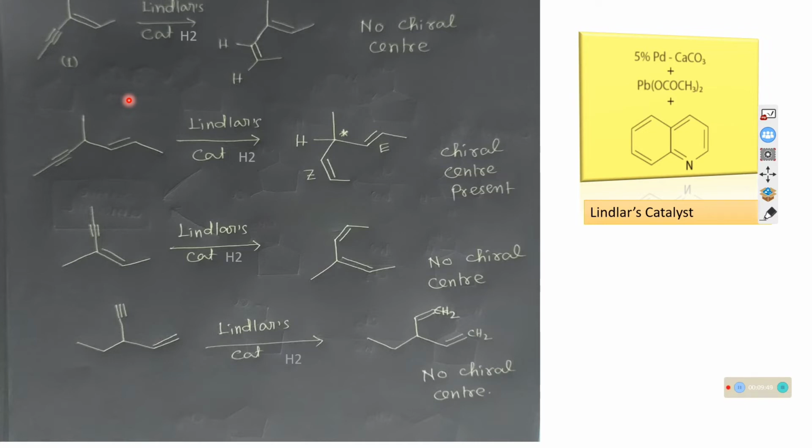So after hydrogenation, the alkene geometry should be cis, or you can say Z. So this is Lindlar catalyst: palladium on calcium carbonate, or sometimes palladium on barium sulfate, with lead diacetate and quinoline. This whole mixture is called Lindlar catalyst.